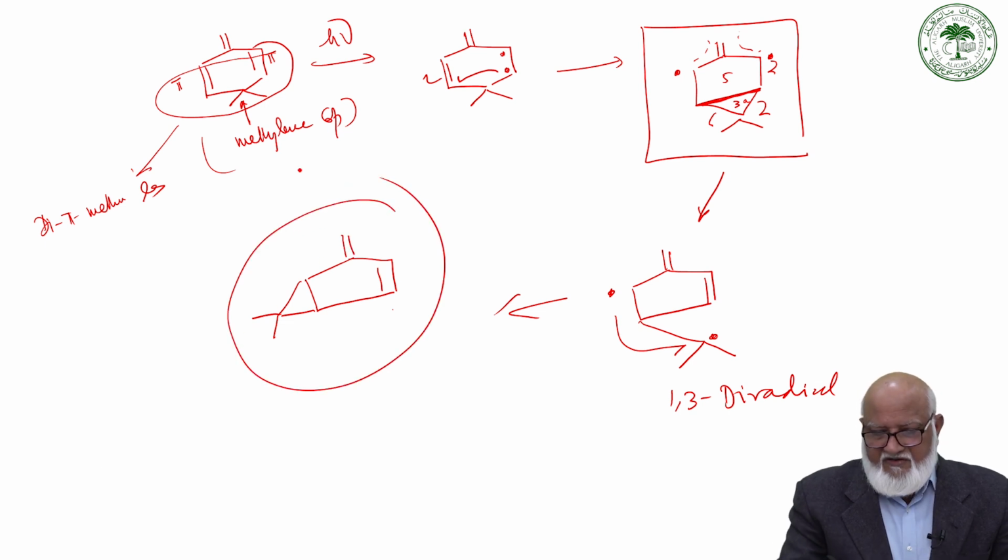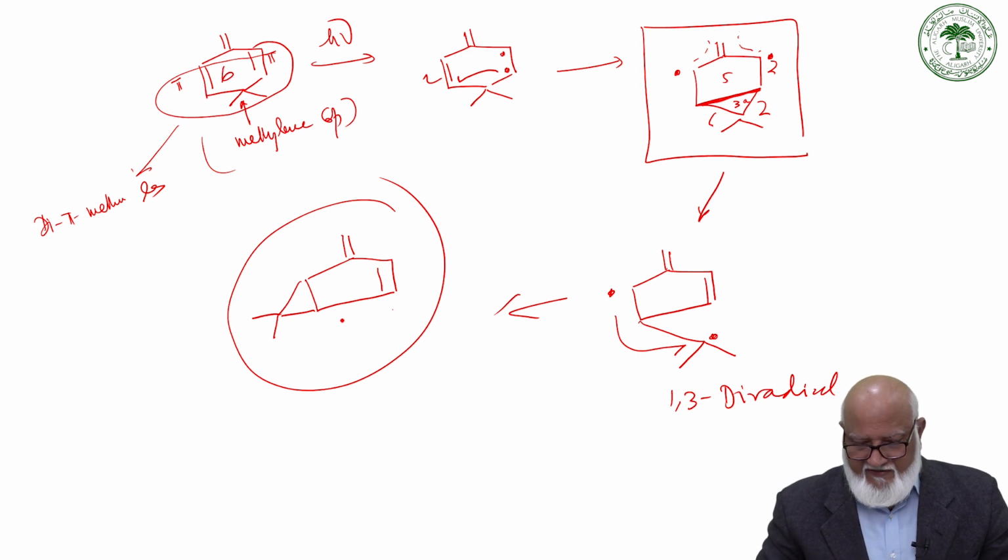So this is the product, and we can see this 6-membered ring going to end up with 5 and 3. It's highly interesting.